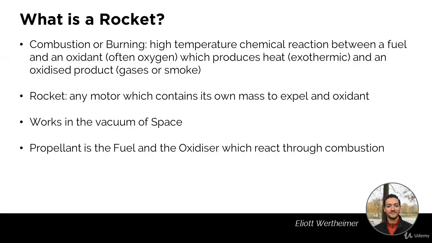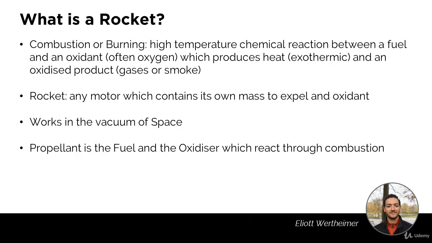First of all, let's talk about combustion, or what is commonly known as burning. Combustion consists of two chemicals: a fuel, which is usually an organic compound like petrol or methane, which you burn in your house to produce heat, and an oxidizer, which is usually oxygen taken from the atmosphere.